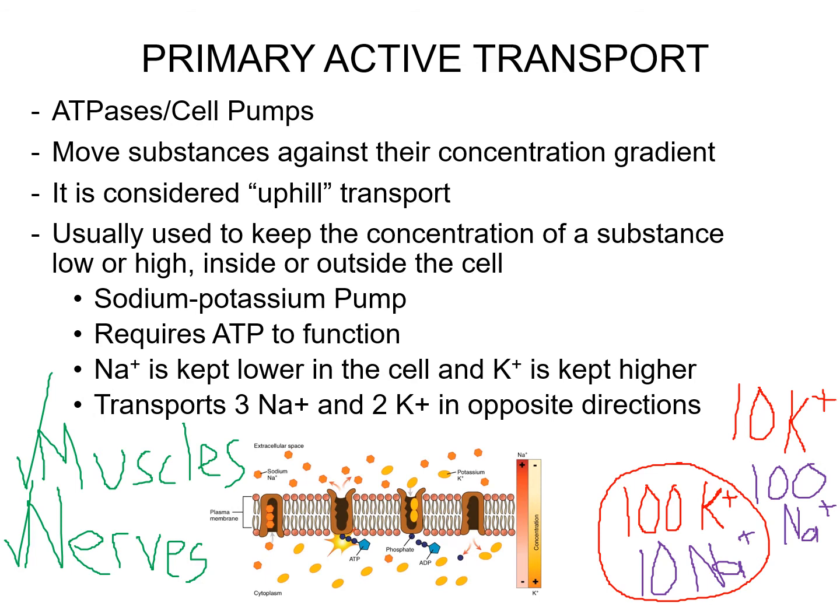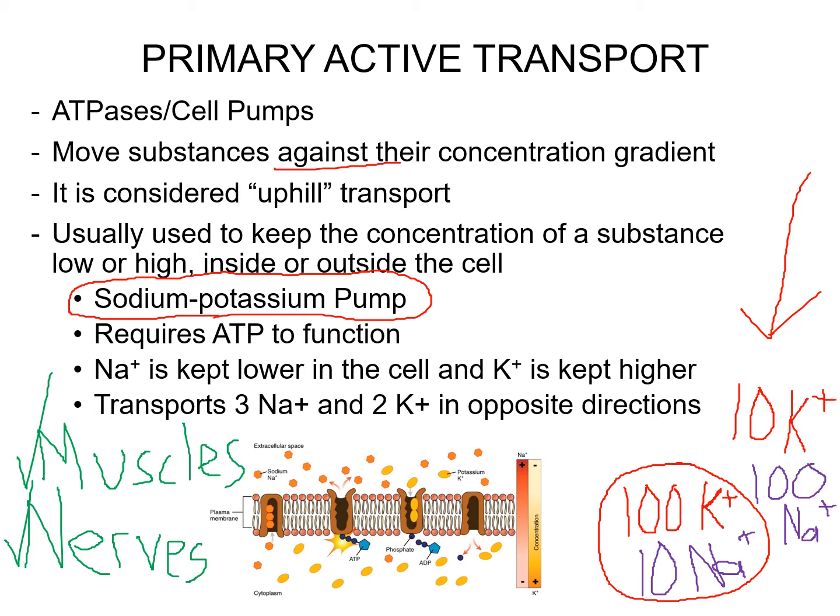So what we do is we use something called the sodium-potassium pump, and we go against the grain. We go against the concentration gradient to maintain this imbalance over here. So what we're going to do is this.